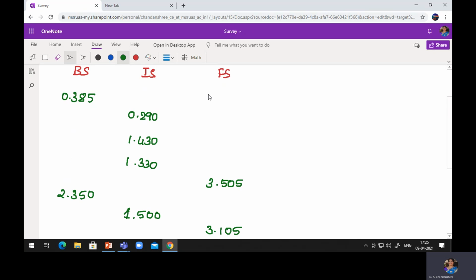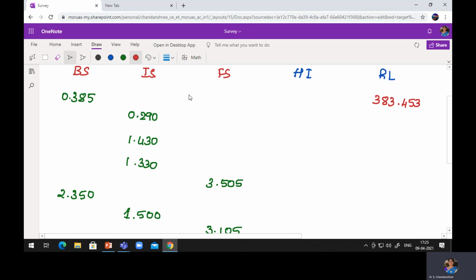So with these readings, the first step that we'll be doing is finding out the height of the instrument, then reduced level. So RL for the first point is given, that is 383.453 meters. Now this is the benchmark.